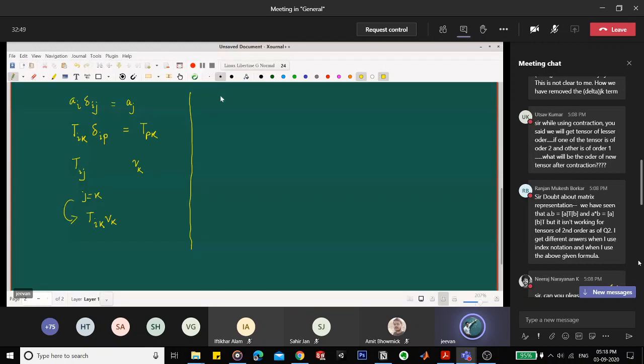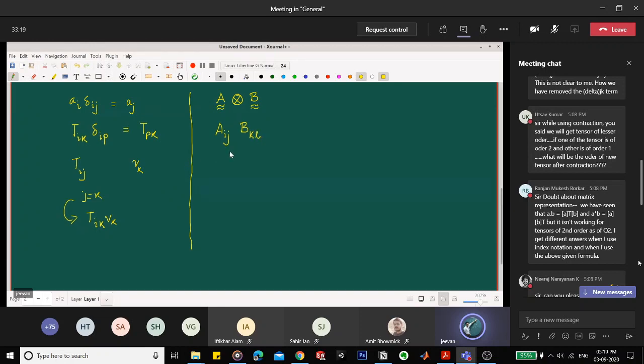Let's say we have two second order tensors, A, the double tilde beneath it representing a tensor of order 2, and another tensor of order 2, B. We wish to take the dyadic product of these two. Now this A in index notation is Aij, and this B is Bkl.